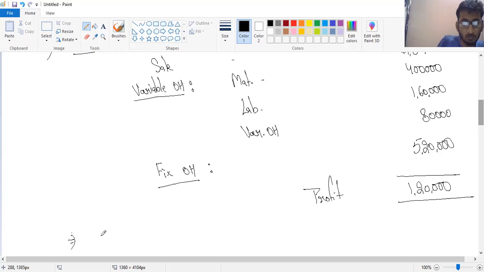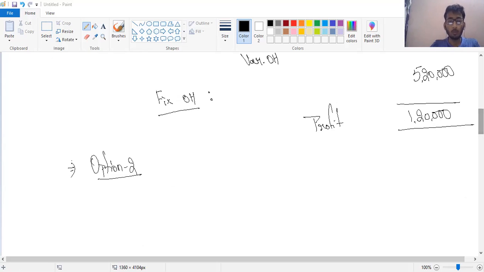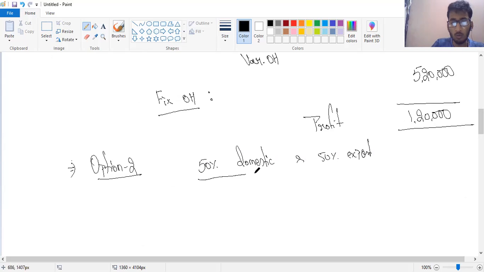So the option 2. What is option 2 basically given to us? Option 2 is that 50% for domestic and 50% for export. So just see what is my total capacity. 12 lakh 80,000 denotes my 80% capacity, it is specifically given to us.